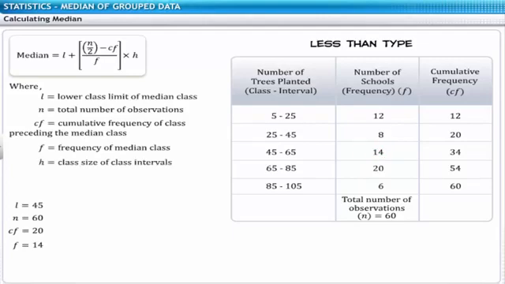The symbol H in the formula of median stands for the class size of class intervals in the given table, assuming all class sizes are equal. In this case, the class size H is 20.